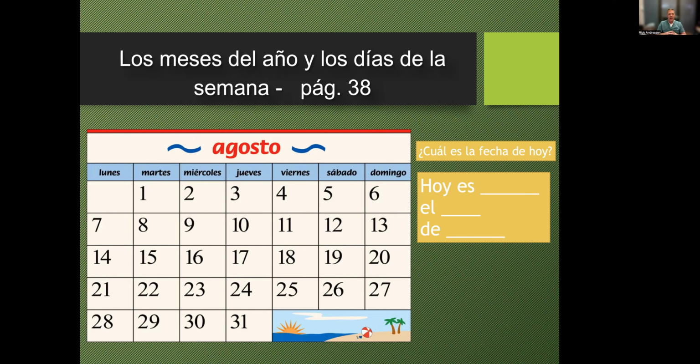So clase, el lunes, el lunes, el martes, el miércoles, el miércoles, el jueves, el jueves, el viernes, el viernes, el sábado, el sábado, el domingo, el domingo.